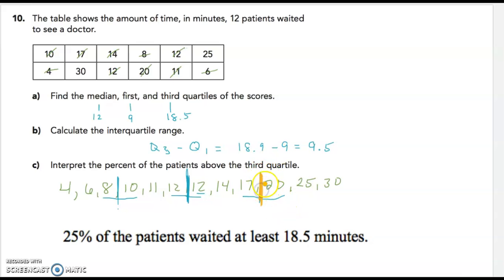The patients above the third quartile, all of these people, are above it. What you could say here is that 25% of the patients waited at least 18.5 minutes. That means the lowest amount they waited was 18.5 minutes, but some of them waited more than that. Remember, each one of these sections represents 25%. That's where we got this percent from. 25% waited at least 18.5 minutes.